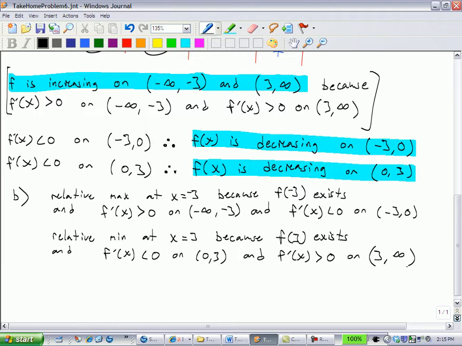Now, they don't ask us about absolute, so although something funky happens at x equals 0, we don't really care that much. Ultimately it is a vertical asymptote, but a vertical asymptote isn't going to produce a relative maximum or minimum.